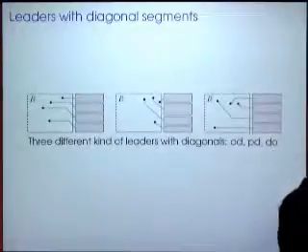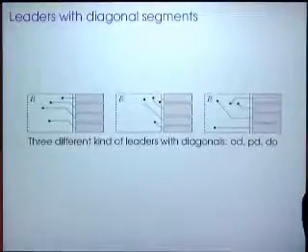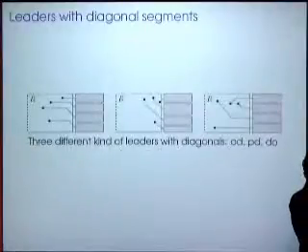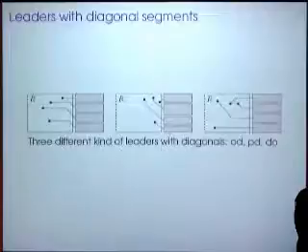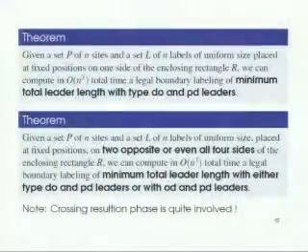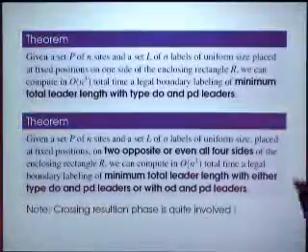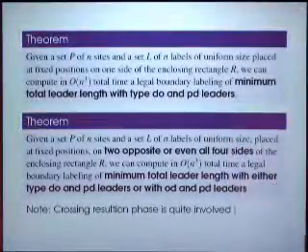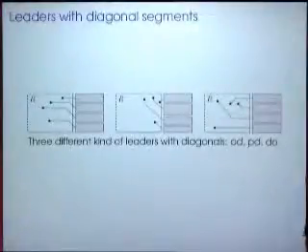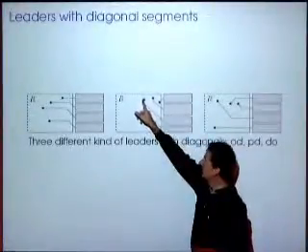And if you have only these three, the angle is still not sharp. There's only one, and you have a diagonal into it. And we could prove that if we only use two kinds of leaders, namely DO and PD, DO is this, as in the example before, and PD is this.